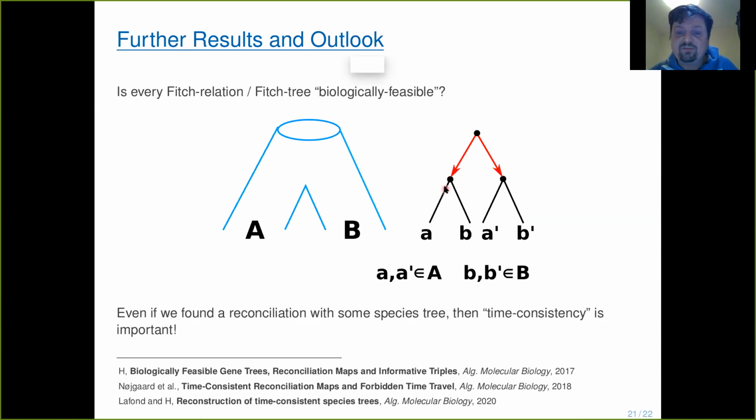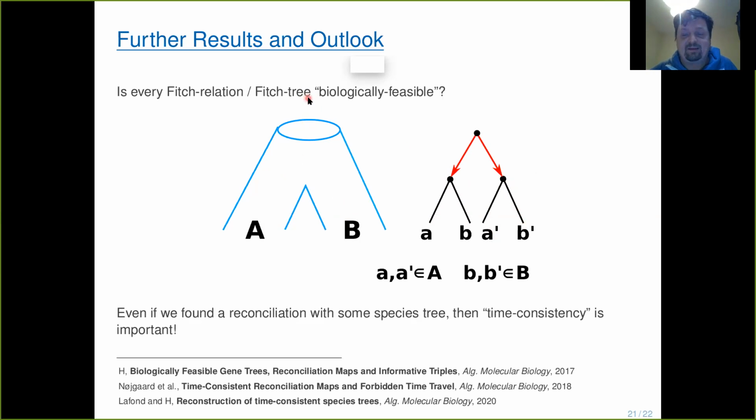Since there is no transfer edge on the path between A and B, I can only place this part onto the species tree in a way that the last common ancestor of A and B is here or above. And the same is true for A prime and B prime.